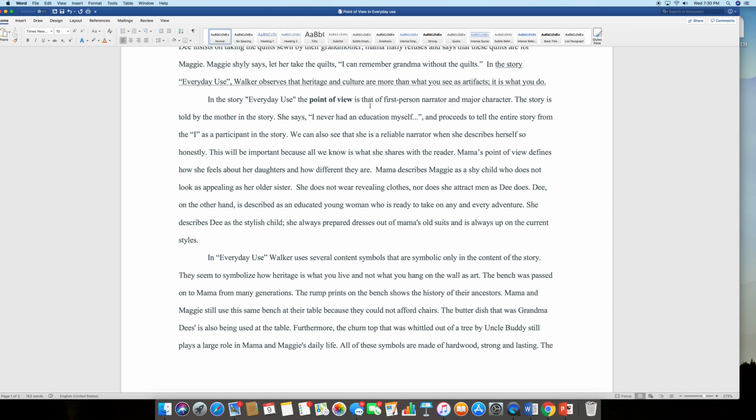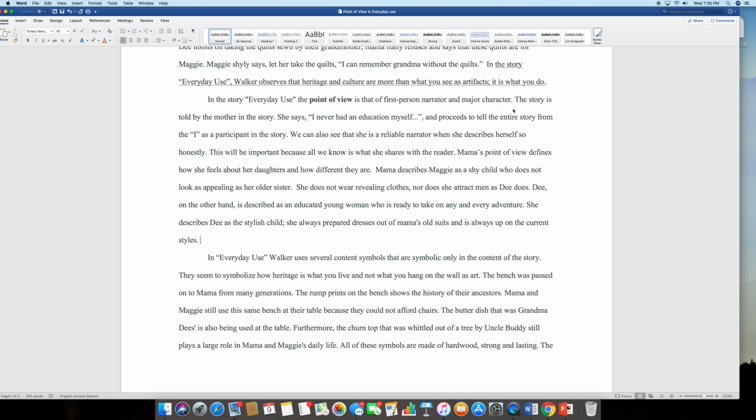So it is: point of view is that of a first person narrator and major character of the story. These are topic sentences. They are so important, as you learned in Comp 1, because they are going to provide coherence to the rest of your paragraph. You'll know that this is the direction, and now everything will fall under that.